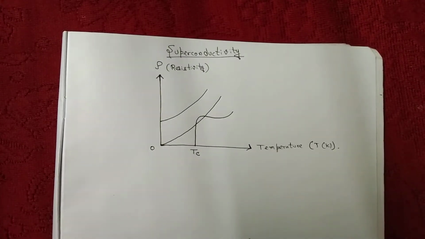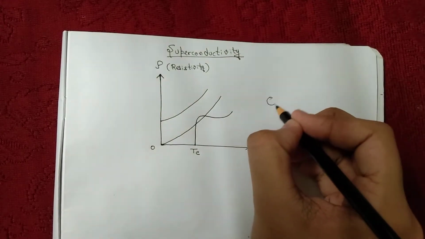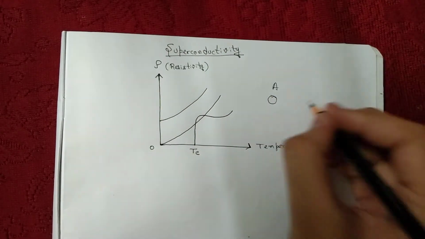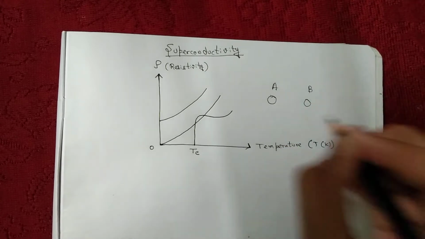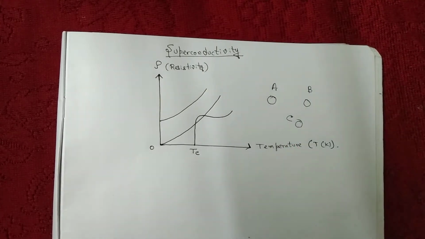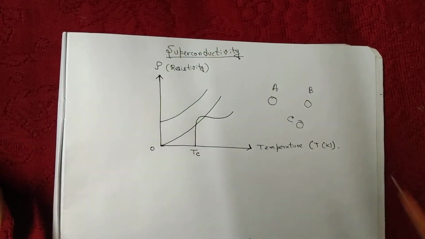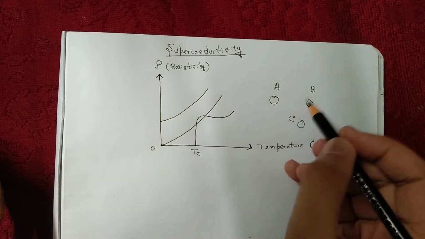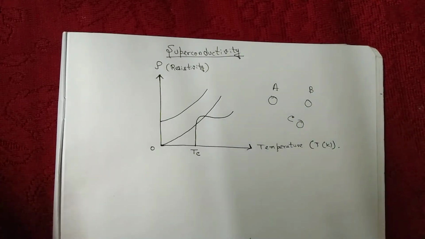Suppose in a lab we are working with certain materials. Suppose this is material A, this is material B, and this is material C. We know all the materials consist of electrons.